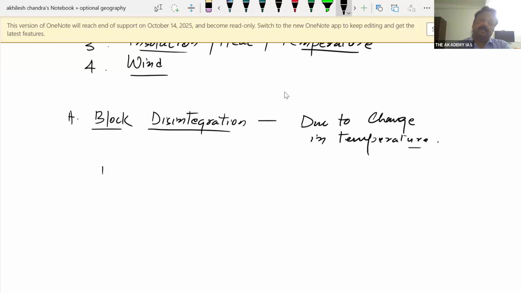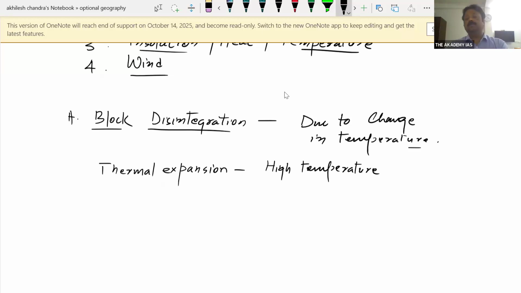So there will be thermal expansion when there is high temperature. So obviously inside the rock, there will be some metal that get thermally expanded at high temperature. At low temperature, there will be thermal contraction.